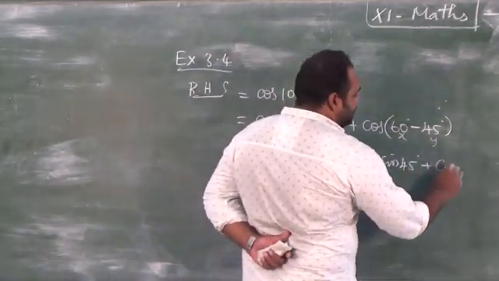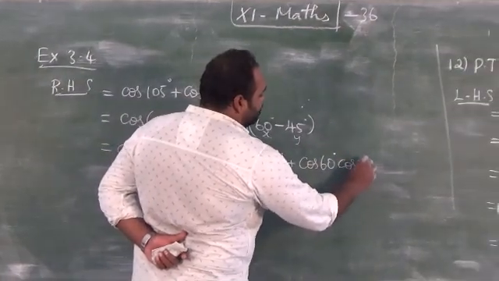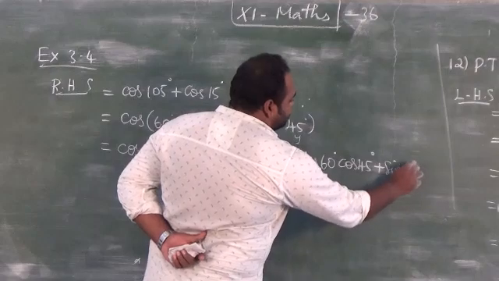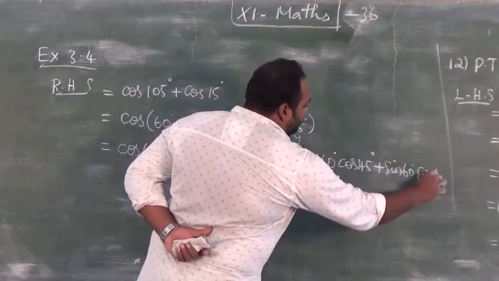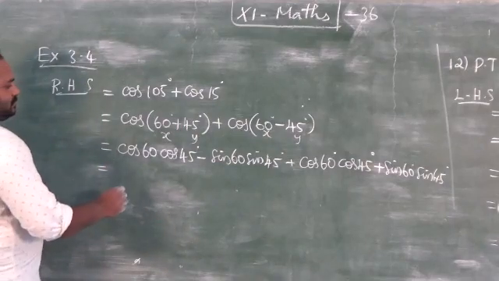Here it is cos 60 cos 45 plus sin 60 sin 45. Now apply the values here.